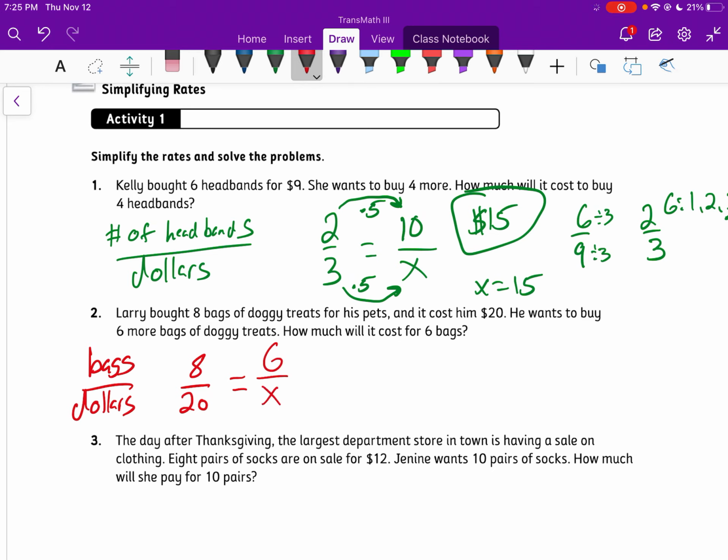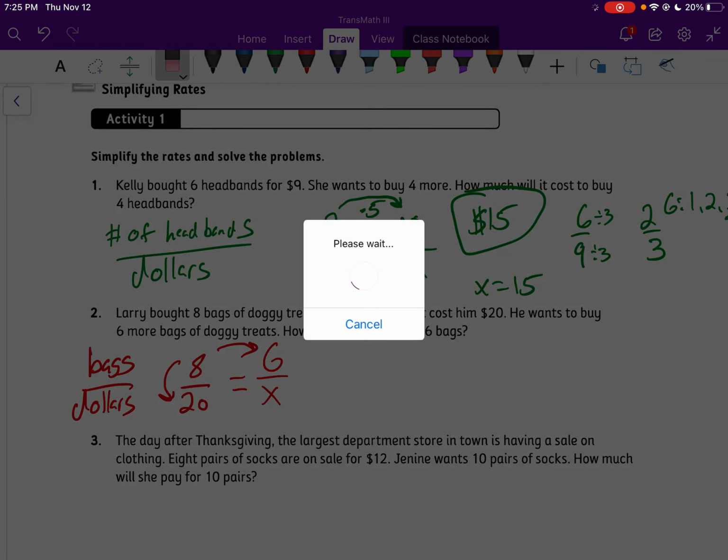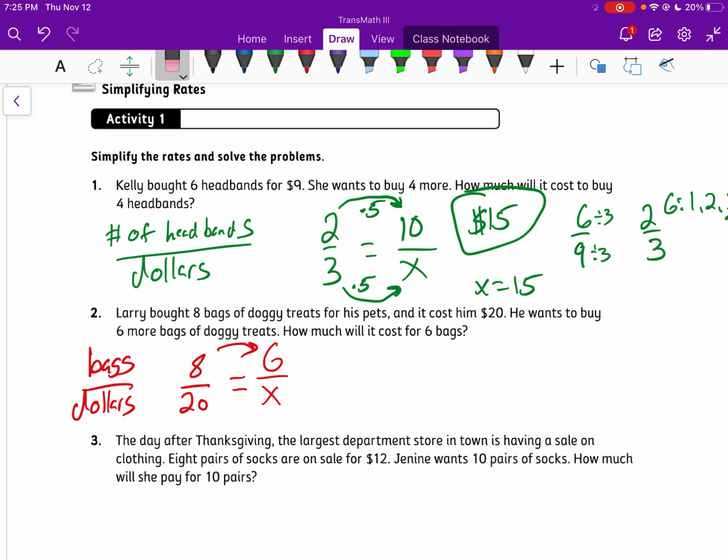Okay, so when we look at this one, there's not an easy way to get from 8 to 20. There's not an easy way to get from 8 to 6. So this is a case where we have to simplify, just like we did above. So we're looking at 8/20ths.